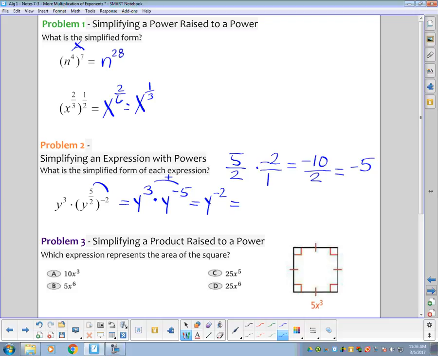How can I get a positive exponent? This was the first lesson we learned about exponents. Good. Drop it down, and it becomes positive.